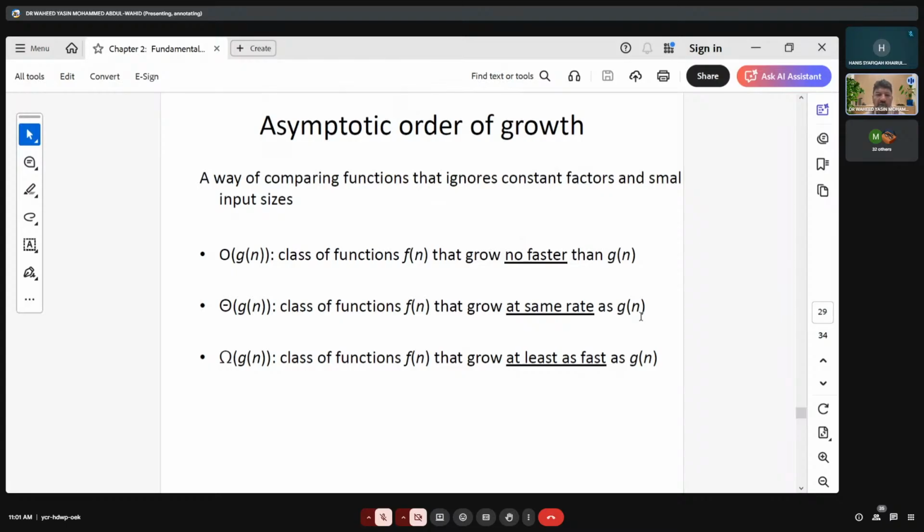So here O(g(n)) means no faster than g(n) because we have an upper bound. Theta(g(n)) means the same rate as g(n). Omega(g(n)) means at least as fast as g(n), because here we have a lower bound and there we have an upper bound.